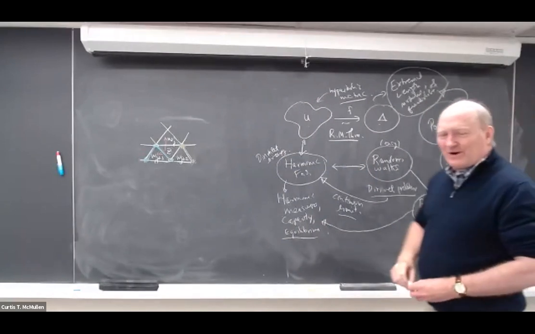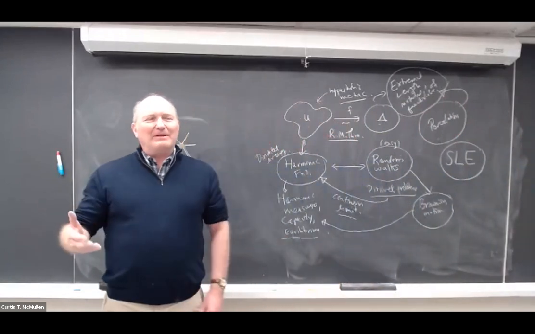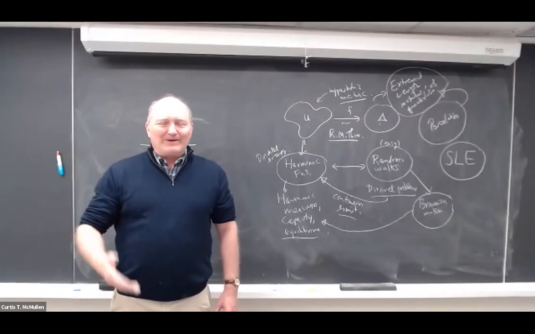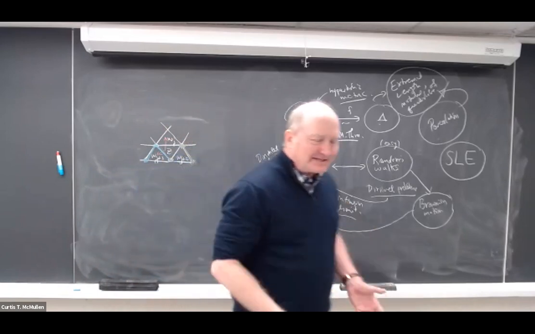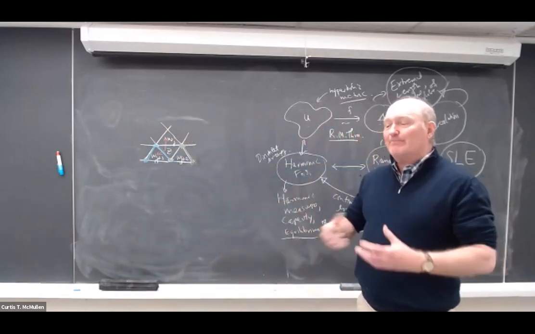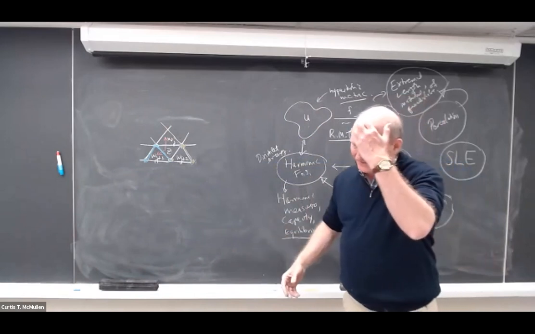So let me just say a word about SLE. There's one problem you might not like about Brownian motion. Brownian paths cross themselves over and over. They make a big mess. How can I construct a random simple curve, as opposed to a random curve in the plane that crosses itself?